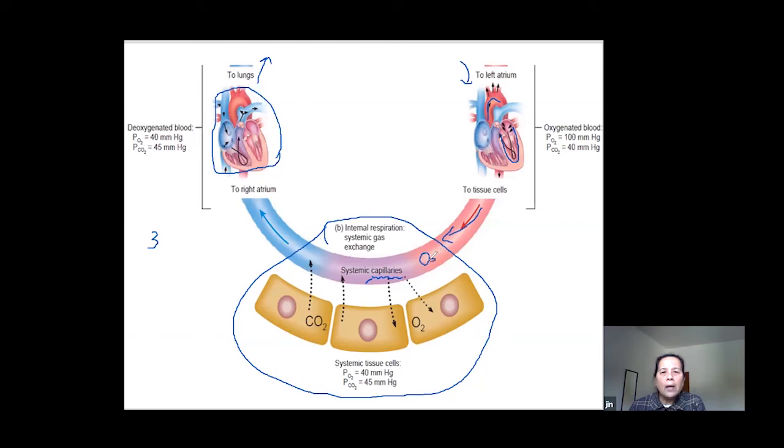Inside the tissue and the cells, the oxygen level is lower, about 40. The blood circulation is about 100, certainly the alveoli is more than 100. On the last page it was 105, but it's not totally balanced.